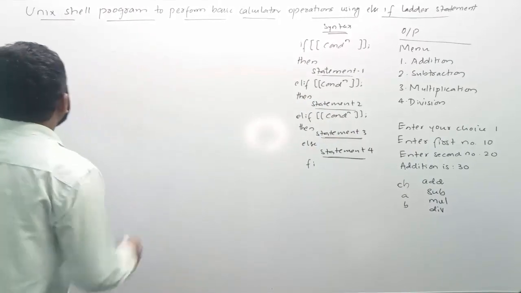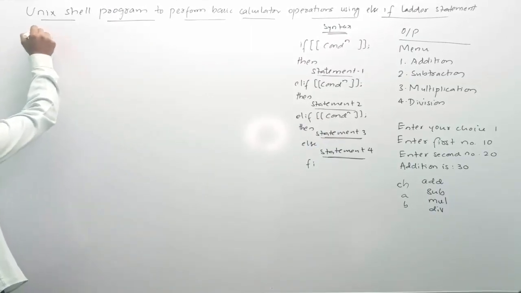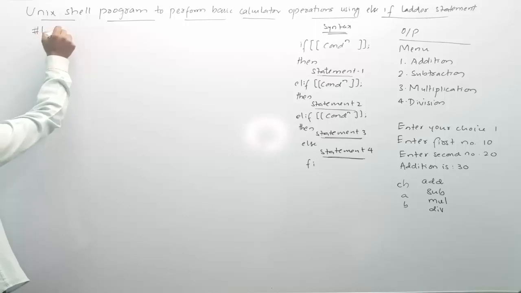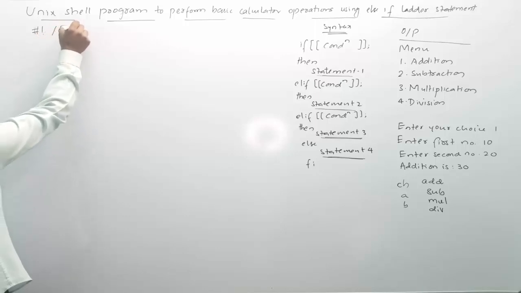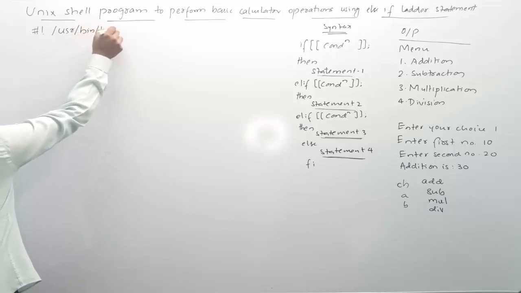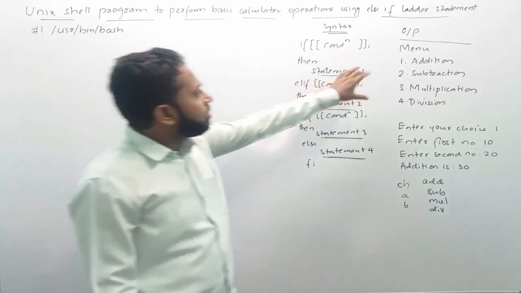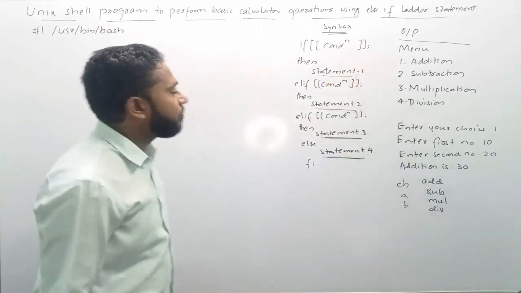Every Unix shell program starts with the shebang statement, which is hash exclamation forward slash usr slash bin slash bash. Next I need to write the code to design this menu.